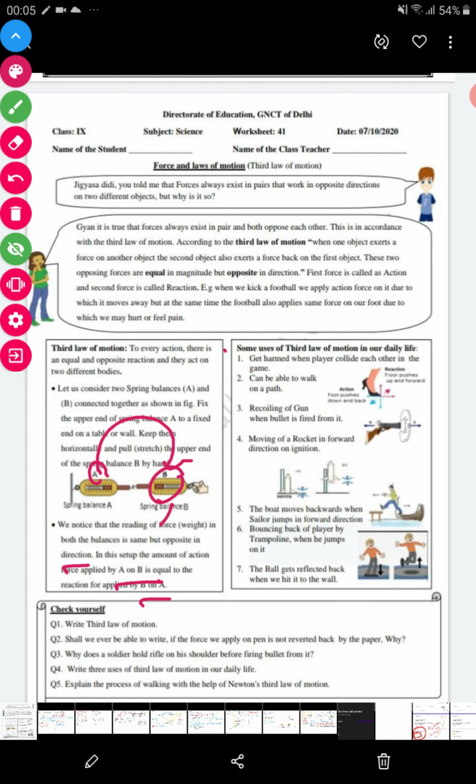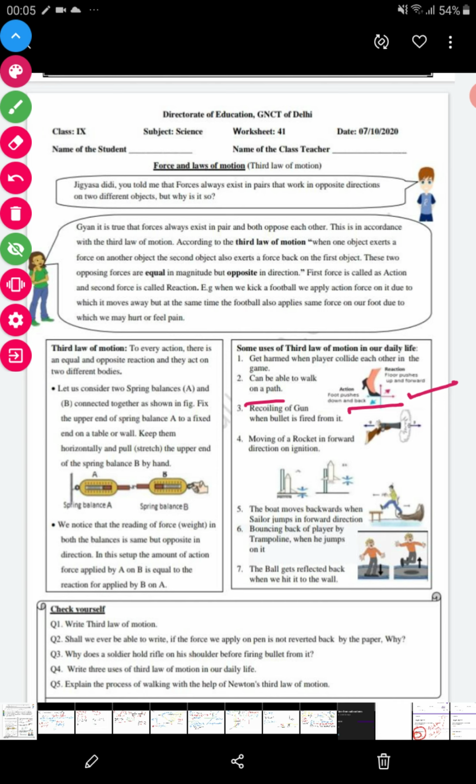Here we have some other examples of the third law of motion: players get hurt when they collide with each other. Next, we are able to walk on the path with the help of the third law of motion.